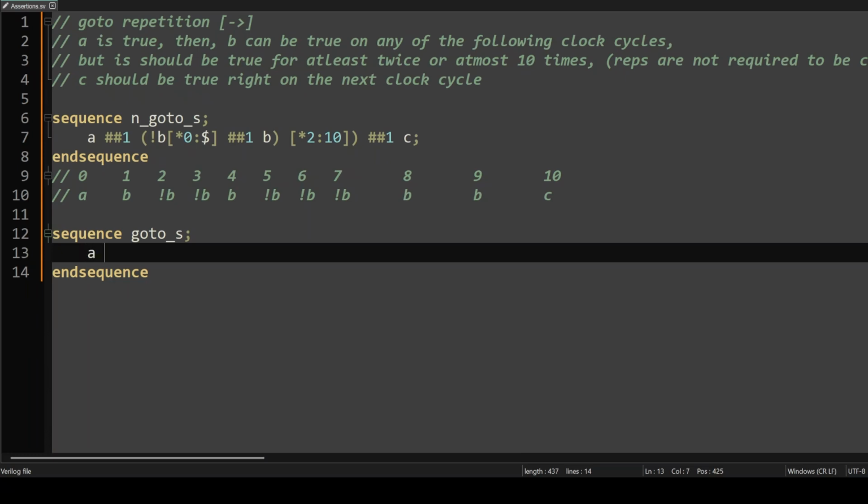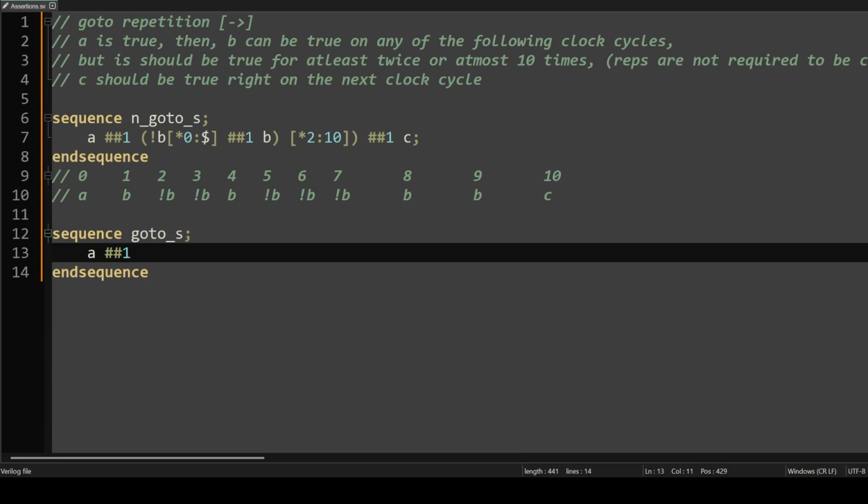I will write the same thing: when A is detected to be true, then for any of the clock cycles, B is required to be true for at least 2 times and at most 10 times, and the repetitions are not required to be consecutive. But right after the last B is detected, then on the next clock cycle, C should be true.